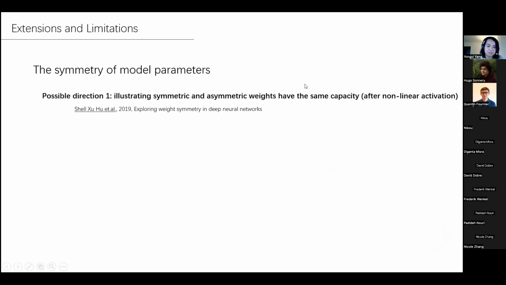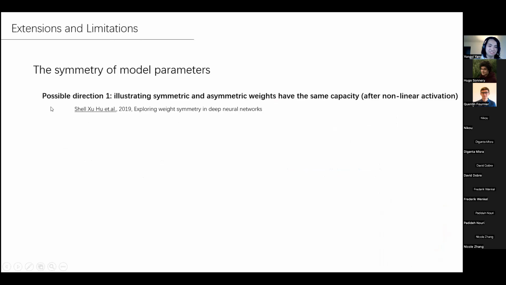One way we might consider is that we might be able to illustrate that symmetric and asymmetric weights have the same capacity, like after nonlinear activations.